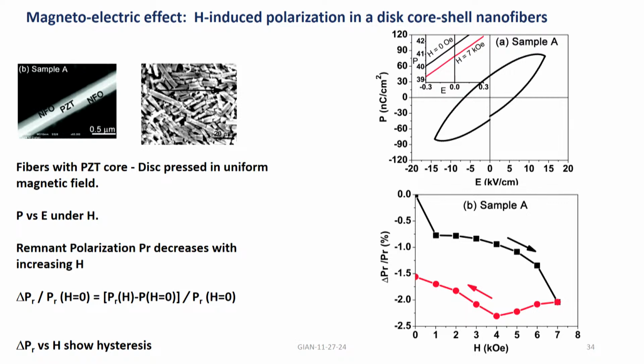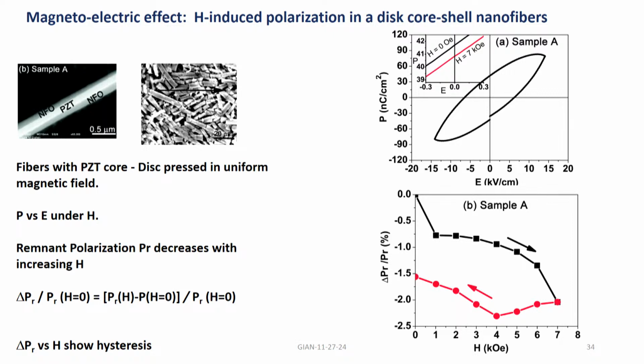What's plotted here is the ratio of the change in the remnant polarization to the original value when there is no field, in percentage, versus H. You start with 0 field, and there is a decrease in the remnant polarization, indicated by this negative number. The magnitude keeps increasing to about 2%. When you start decreasing the field, it doesn't quite follow this trend. It still keeps decreasing, and there is always a memory effect.